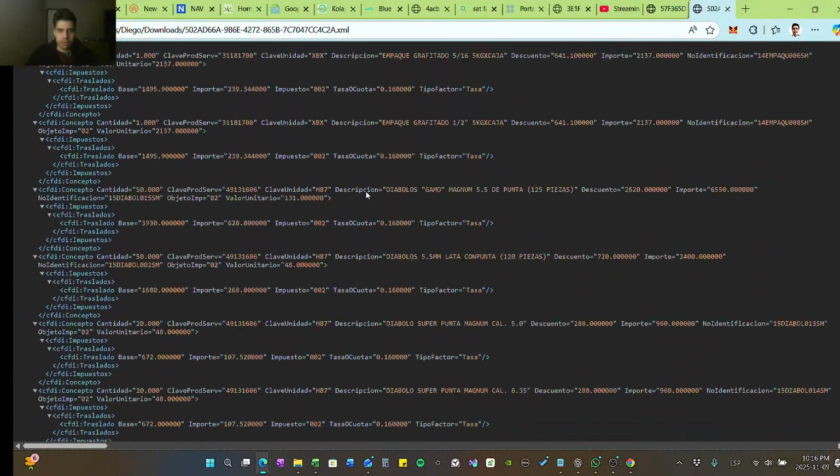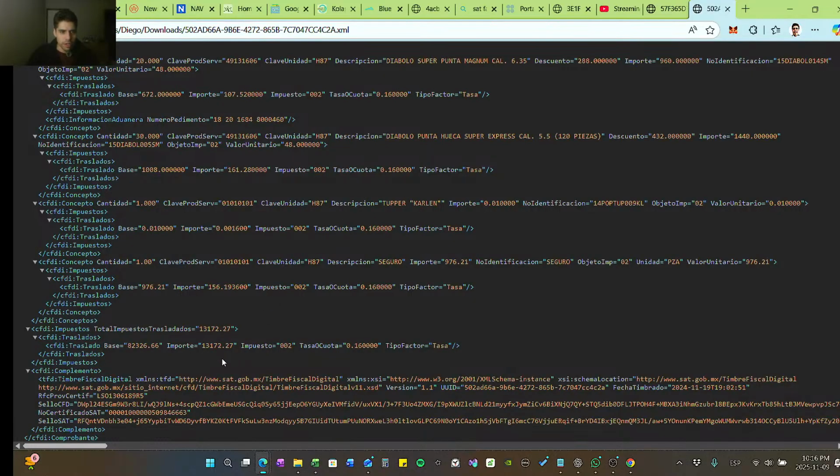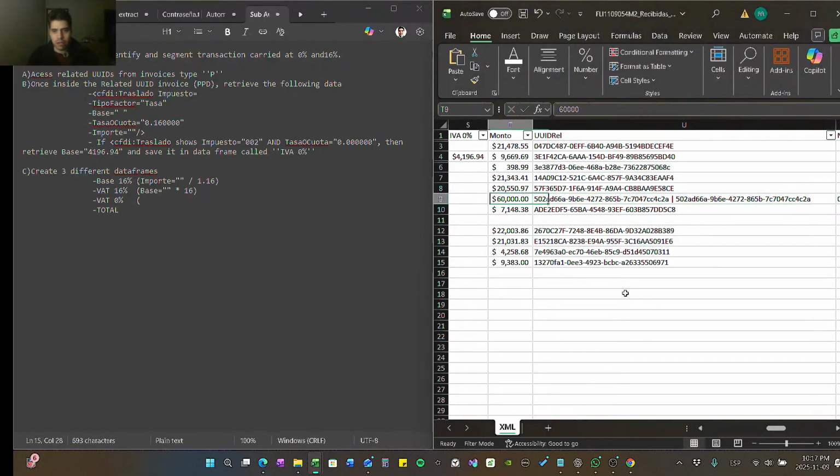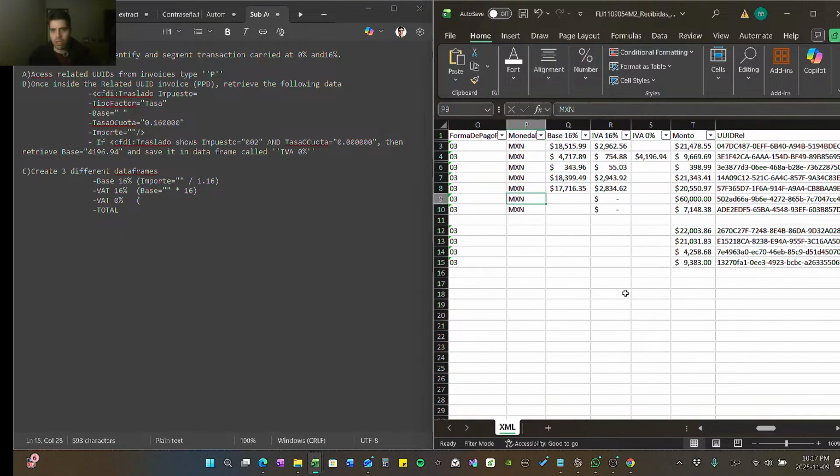Okay, this is a big one. So no, we don't have 0%. Okay, and this invoice was issued for 82,326. Holy moly, that can be true.